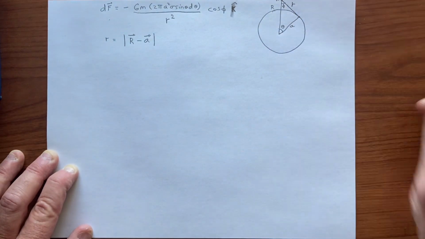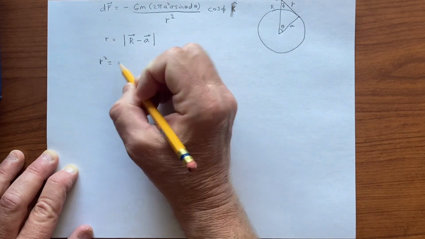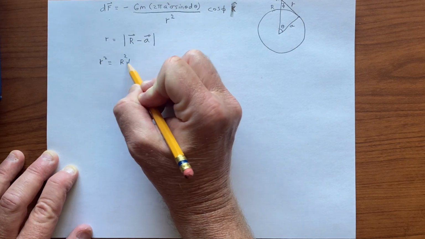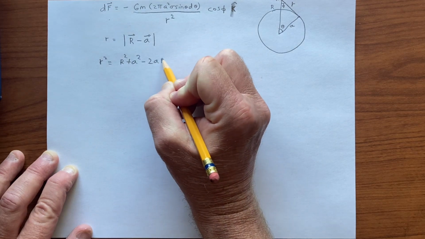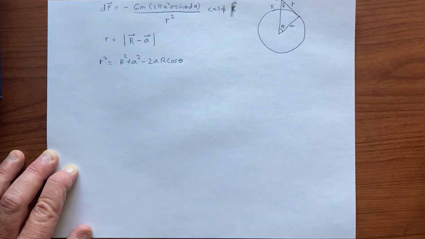We want r squared. So what we want is R squared plus a squared minus 2aR cosine of theta.